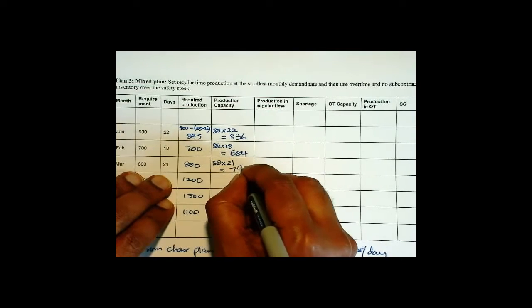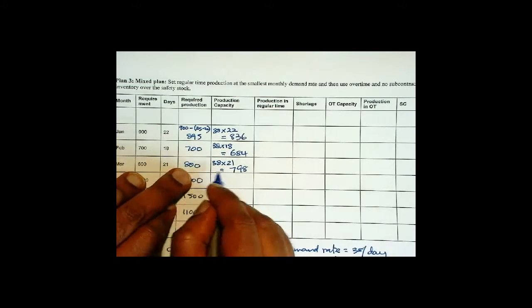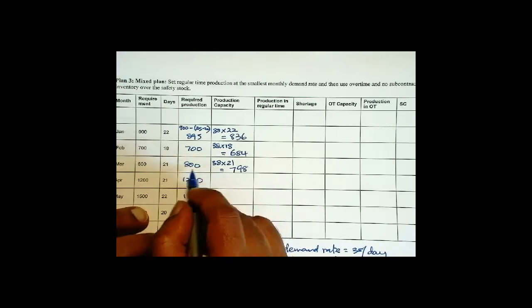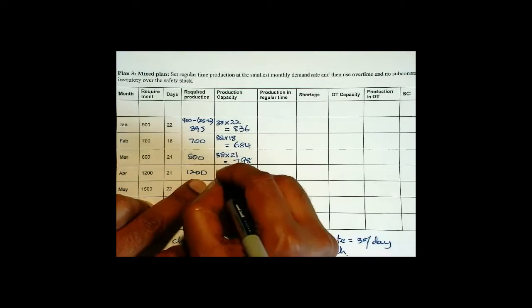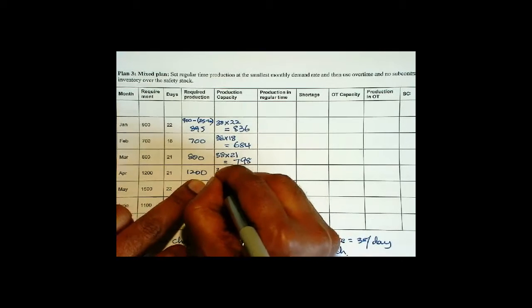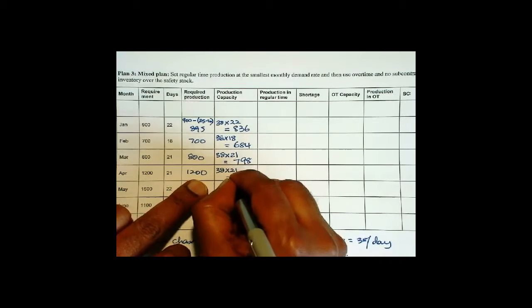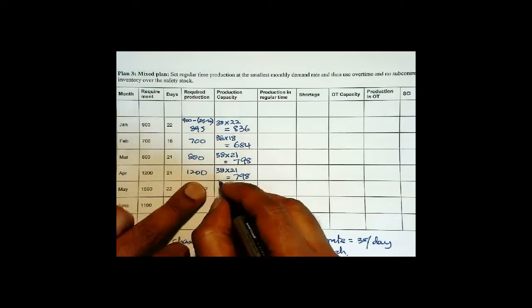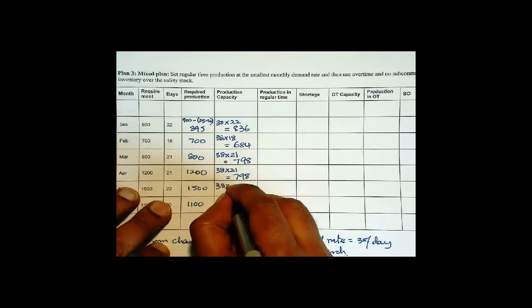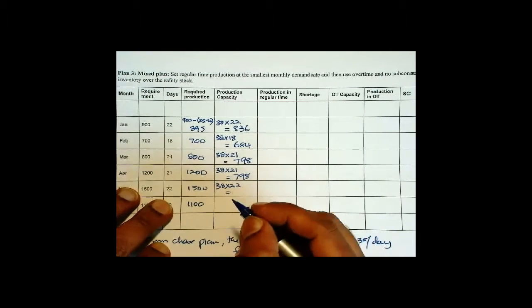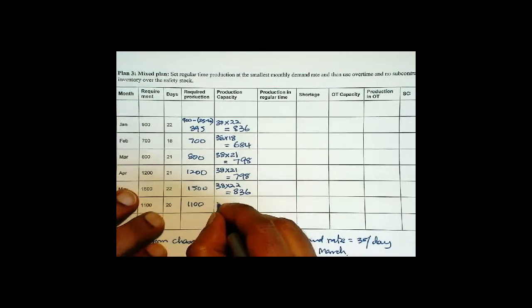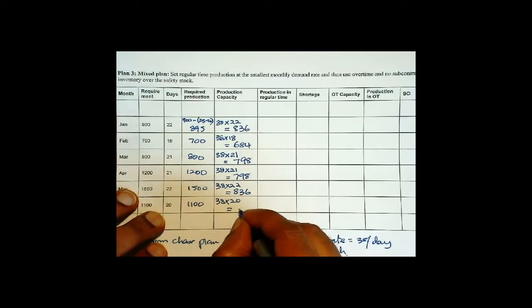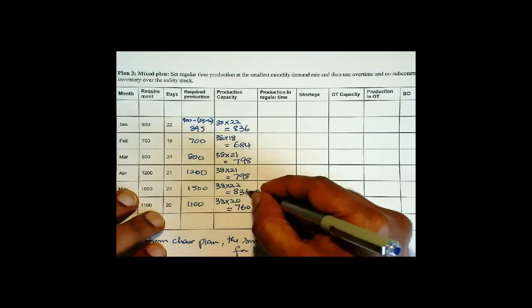So it is because of rounding that there is a small amount of shortfall in the month of March. And then 38 times 21 is 798 again, and 38 times 22 is 836, and then 38 times 20 is 760. Now these are the production capacities.